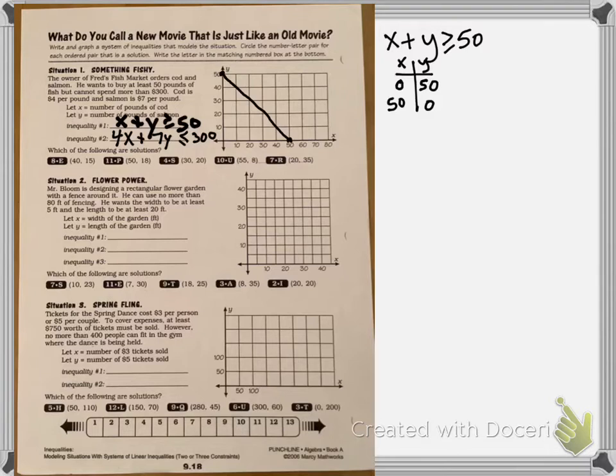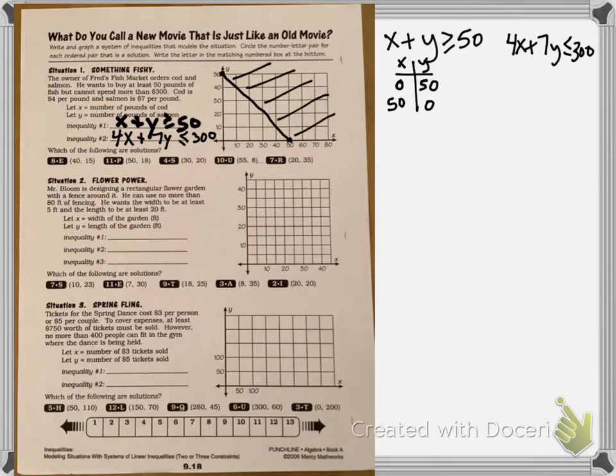Its shading is going to be greater than this boundary. Then after that, I am going to graph 4x plus 7y less than or equal to 300.